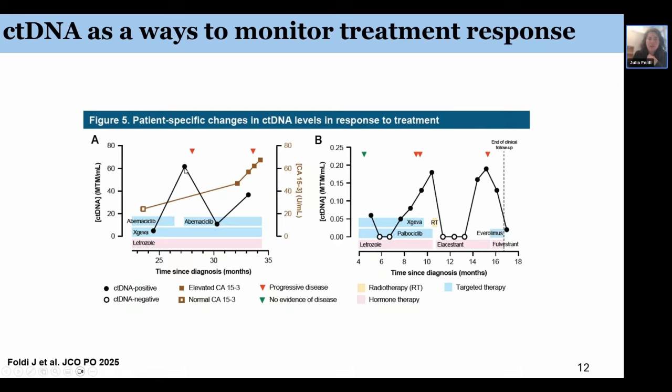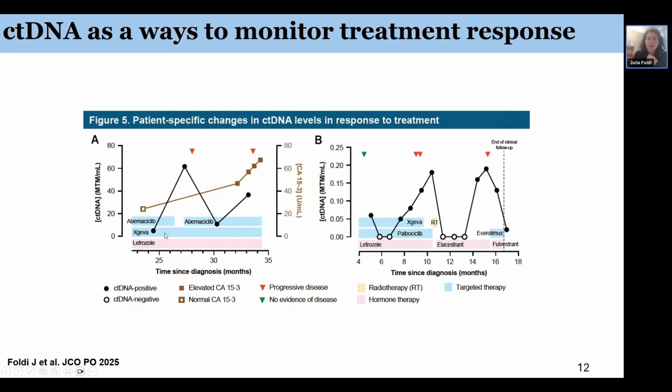The black dots and black line represent the changes in ctDNA level. On the left panel, there is a brown line which represents a tumor marker. And these red triangles represent CT scans or PET scans which found disease progression. And you can see the different treatments on the bottom that patients received.